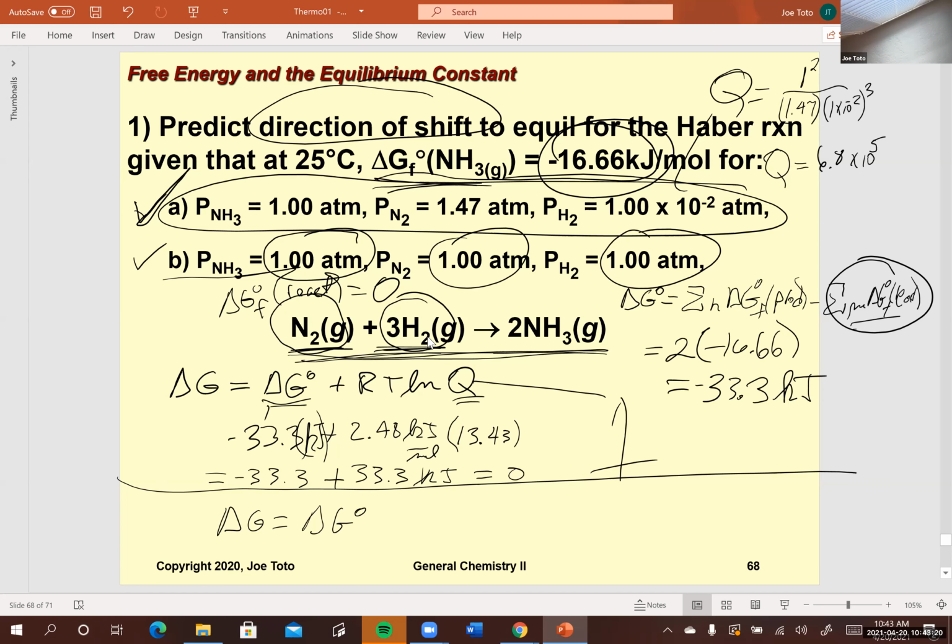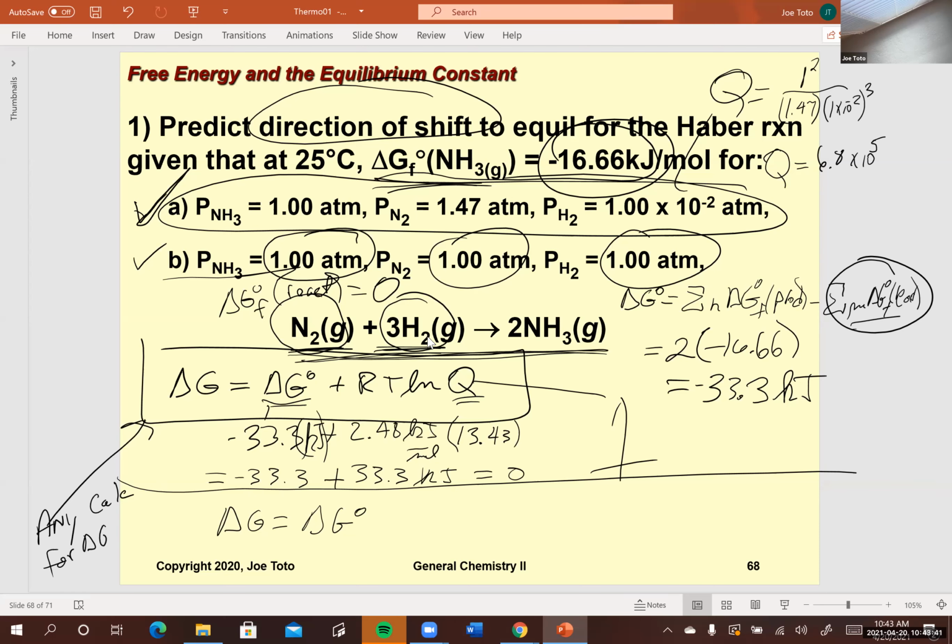So you'll be using this equation usually for non-standard situations, or actually any calculation for delta G that might be off standard.